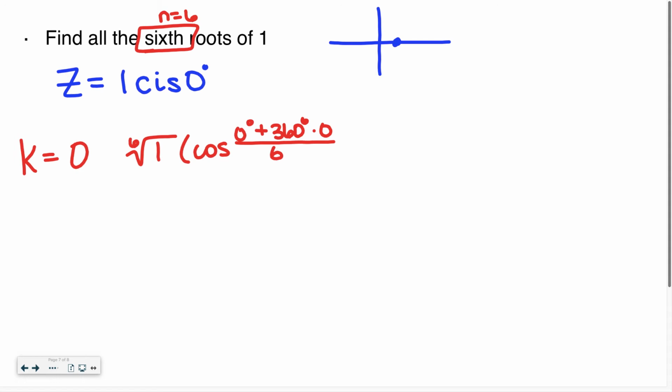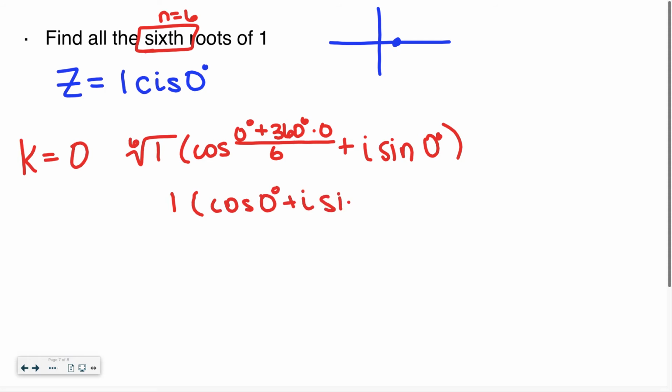If you want to do this in radians, you can, but we're kind of in the degree rhythm. So what is our angle? It's 0, isn't it? Okay. So we have the 6th root of 1 times the cosine of 0 plus I times the sine of 0. That's what's going to get us 1. We knew that was going to be an answer.